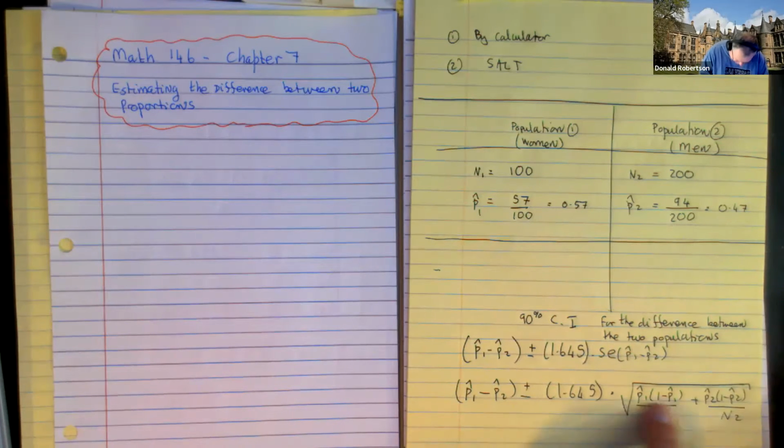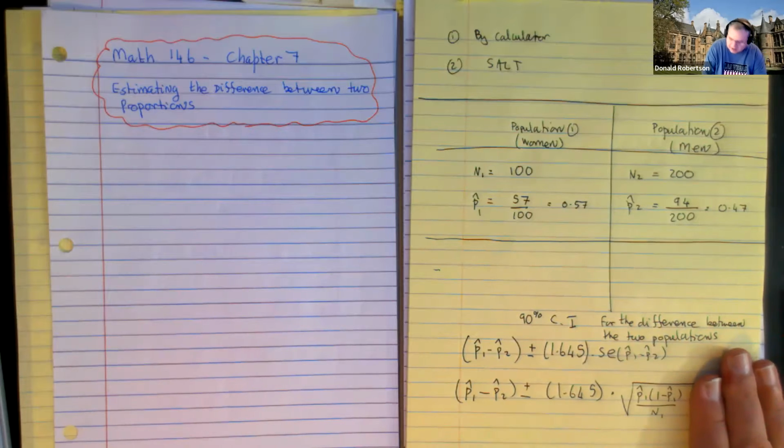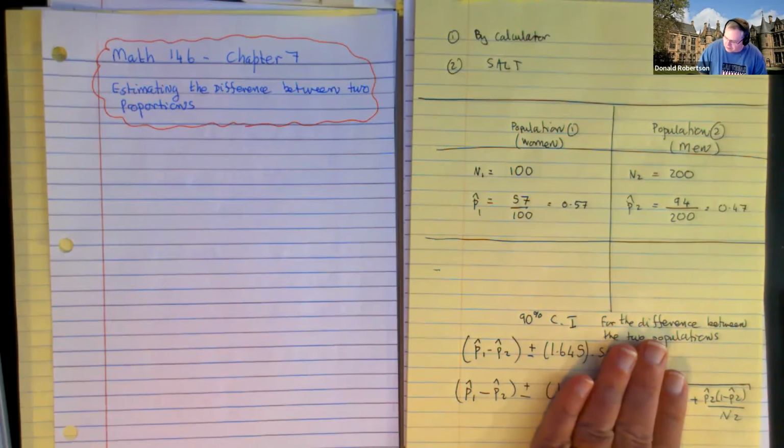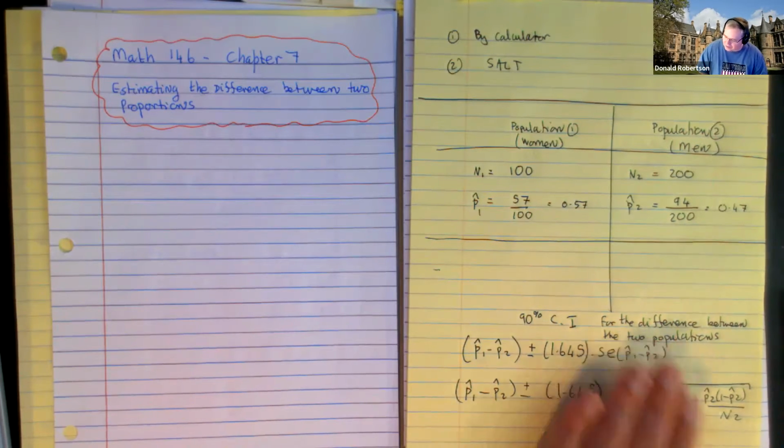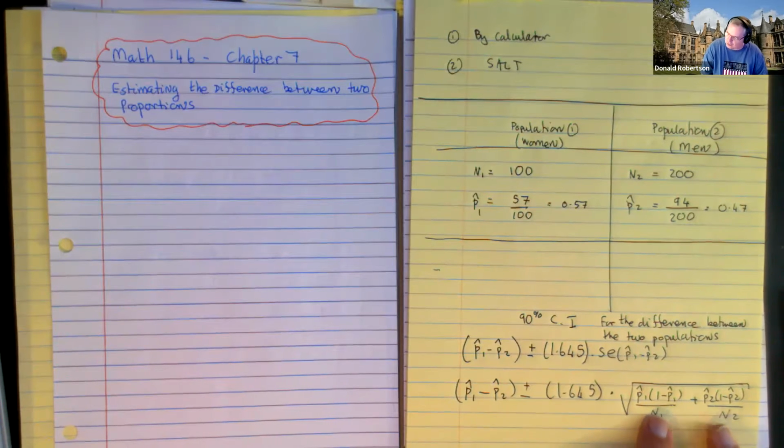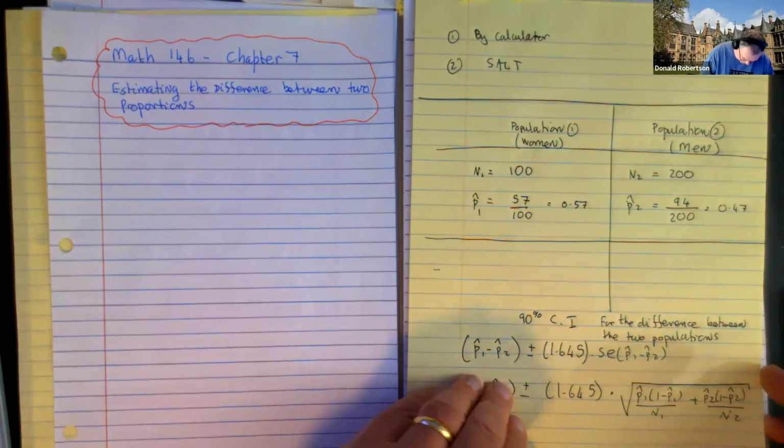Now, this is horrendously ugly. But if I cover that guy up, isn't that the formula for the standard error when it's one sample? And isn't that the formula for the standard error when it's one? So can you see that the formula sort of makes sense, that you're just adding two standard errors together inside the square root?